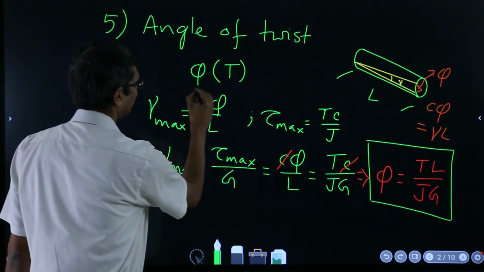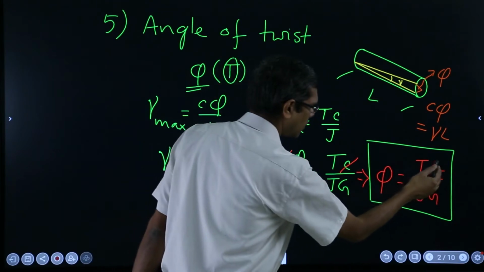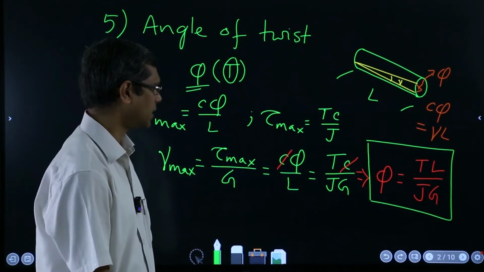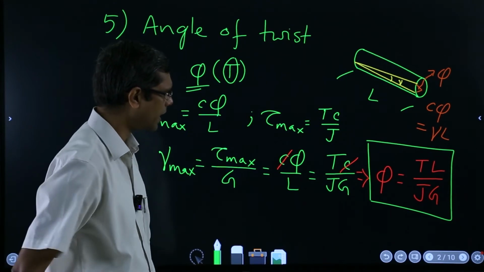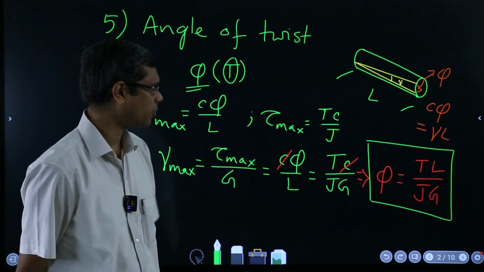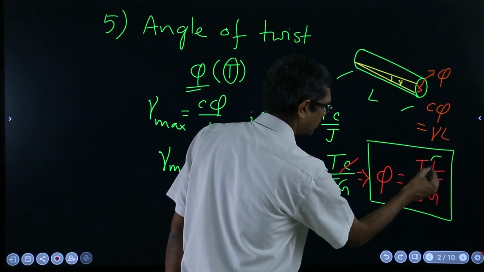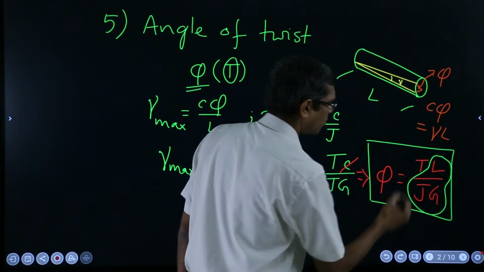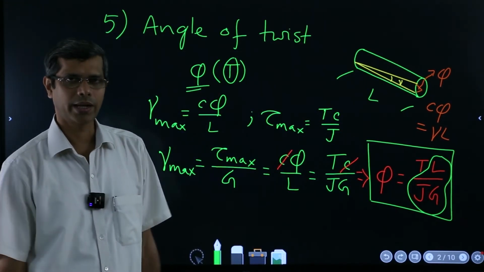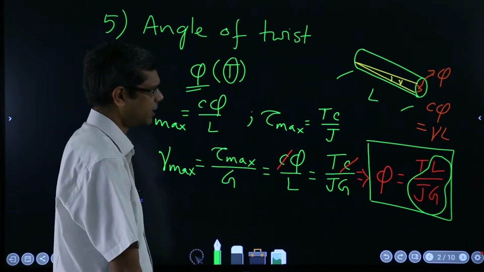So that means phi is a function of applied torque T for a given shaft. G comes from the material property, and J is a geometric property, so these are in a way properties of the shaft, and T is the only thing which is applied from external sources, and phi depends on that.